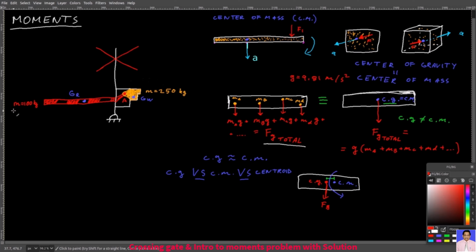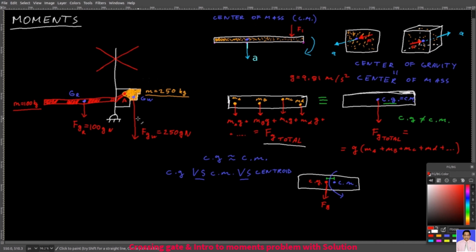If you know their total masses, which you do, the gate is 100 kilograms and the counterweight is 250 kilograms, then you can calculate their total forces of gravity, which would be 100 g newtons in this case, and 250 g newtons in this case, and then these two force vectors, they would go through their respective center of masses. That's why I specify these 2 points here, the center of mass for the gate and for the counterweight.